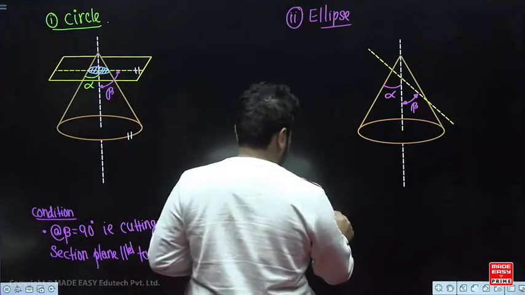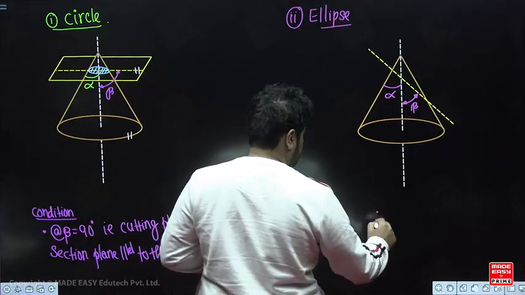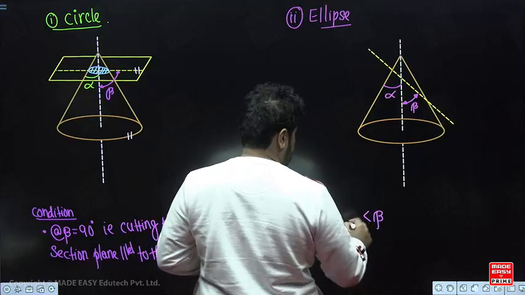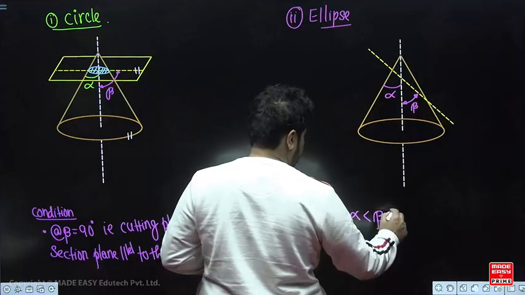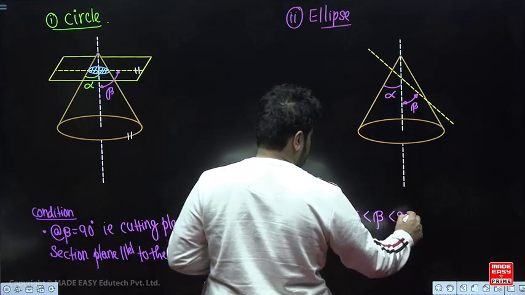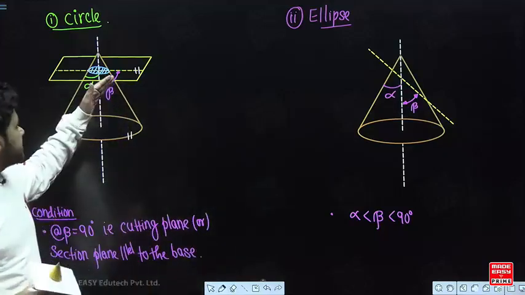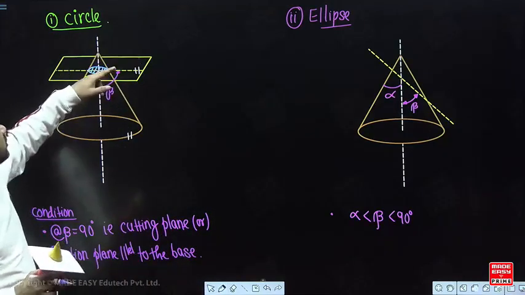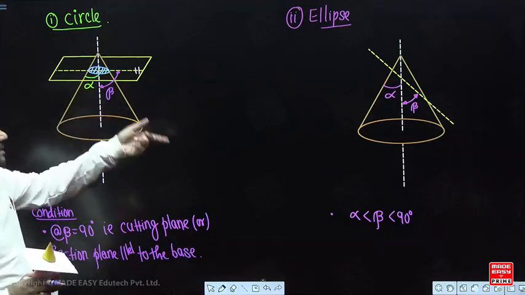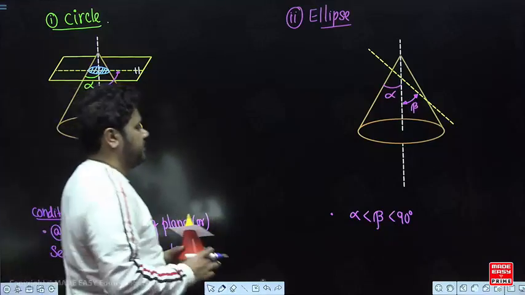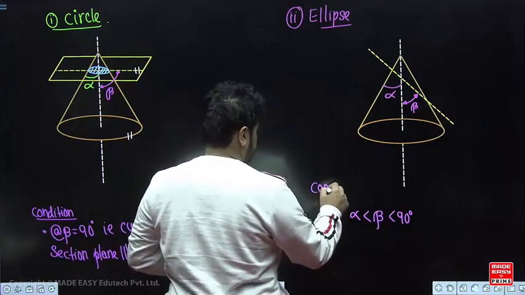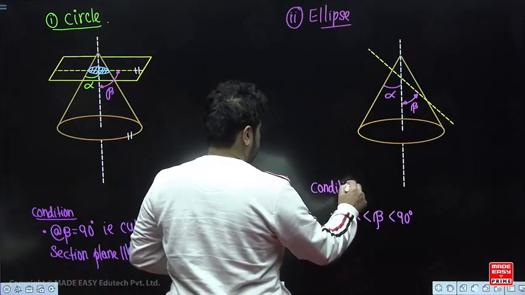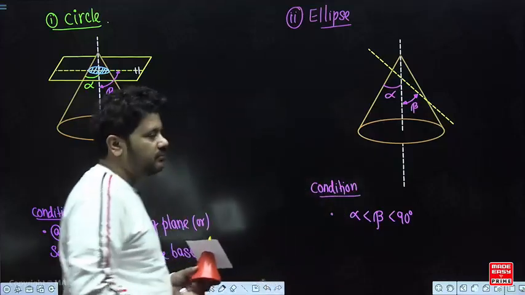So what is the condition? Here you can see that this beta is greater than alpha but less than 90 degree, isn't it? Earlier beta was 90 degree, and I have just tilted it. So beta is now less than 90 degree but it is greater than alpha. That is the condition, right? This is the condition, correct?